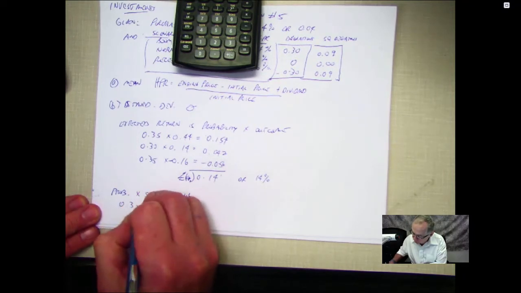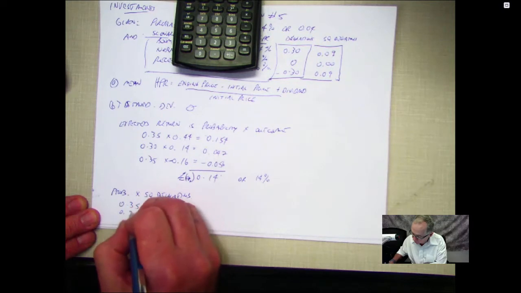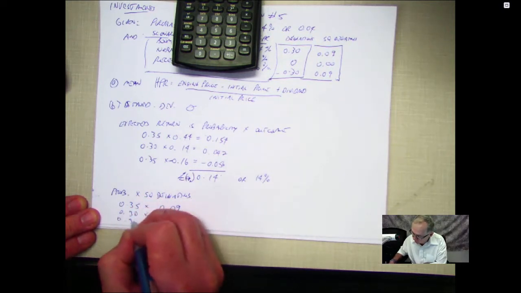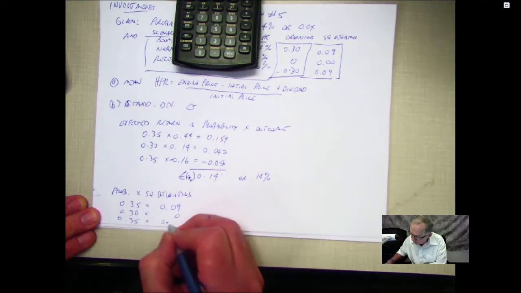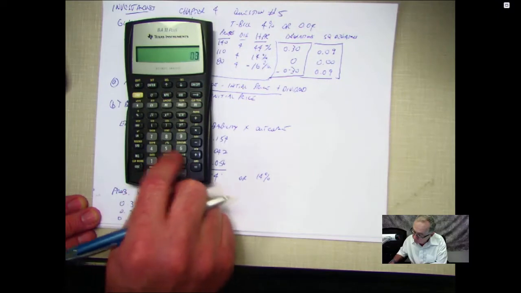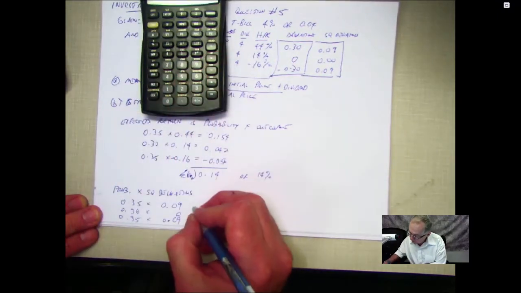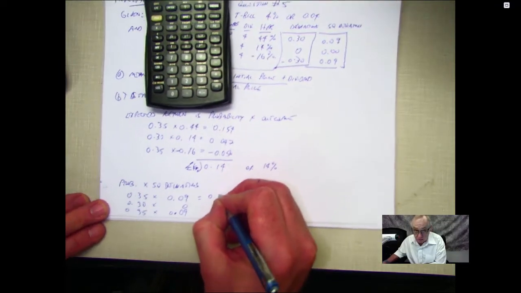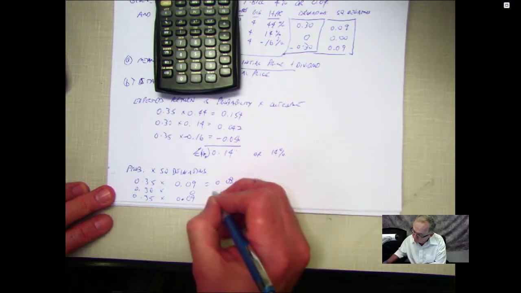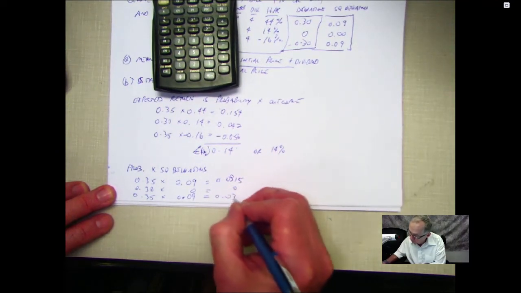So 0.35 times 0.09, 0.3 times 0, and 0.35 times 0.09 is 0.0315, 0, and again 0.0315.